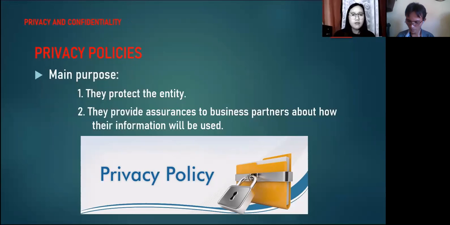Having a clear, concise, transparent, and easily accessible privacy policy will immediately increase the level of trust between you as a business owner and your users.